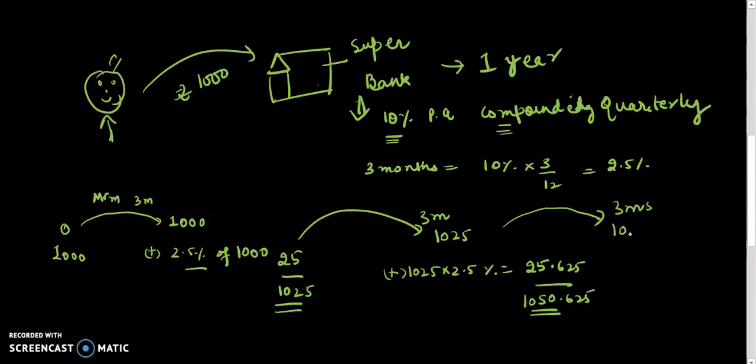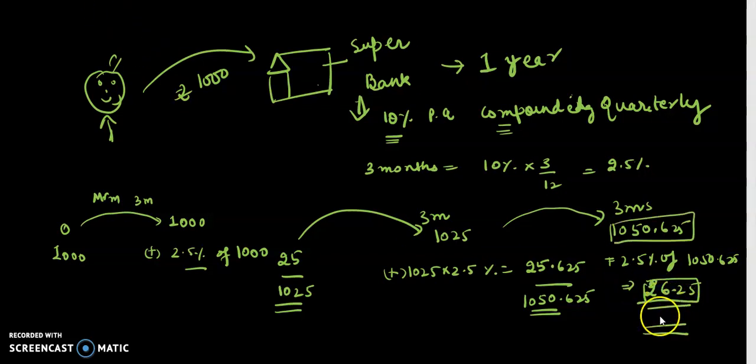And again after 3 months, Mr. John will earn interest on 1050.625, which is 26.25, and the total at the end of the 9 months would be 1076.88.